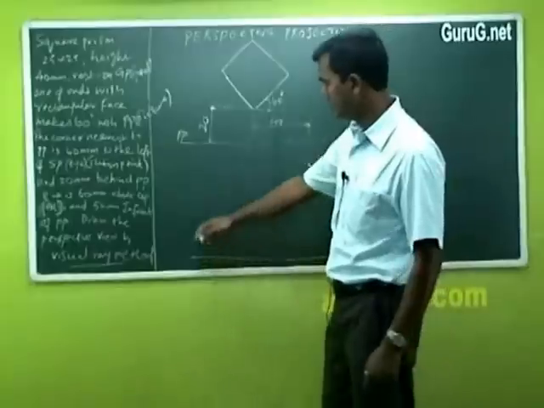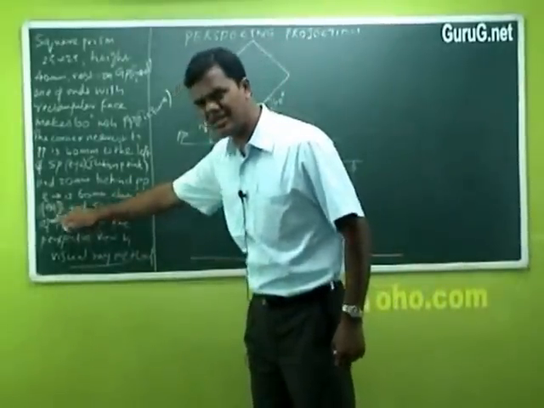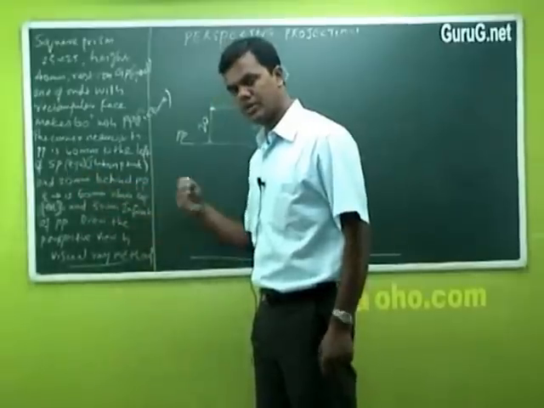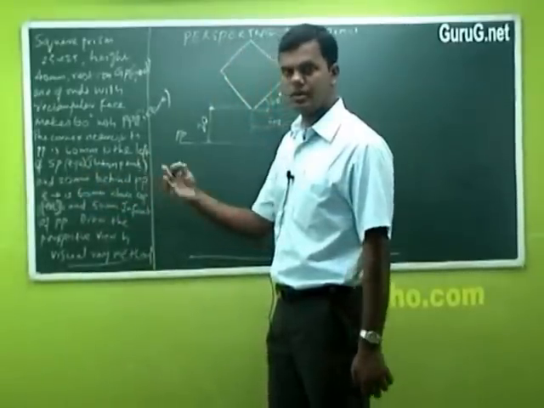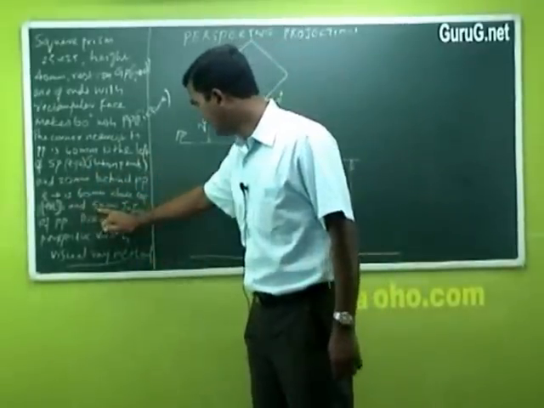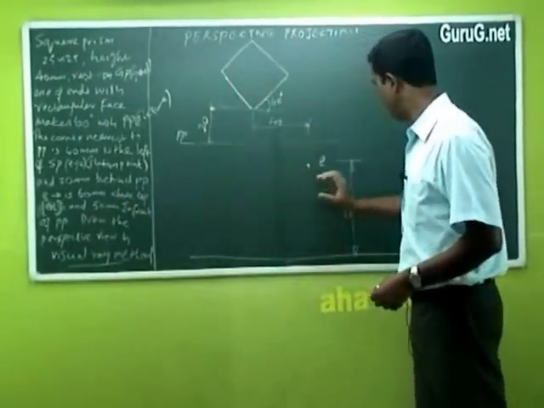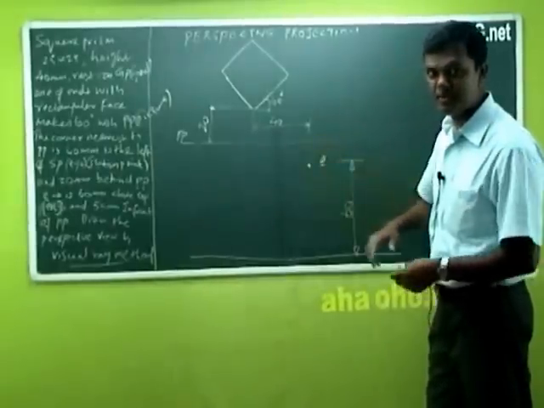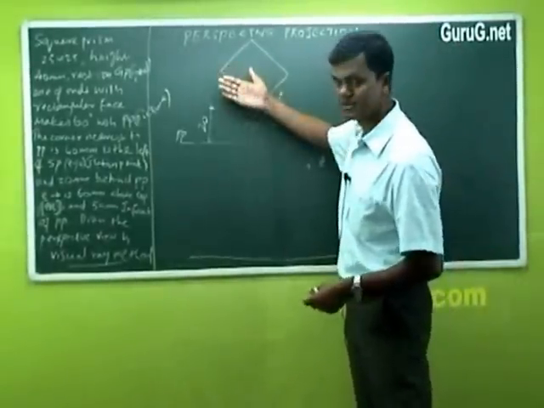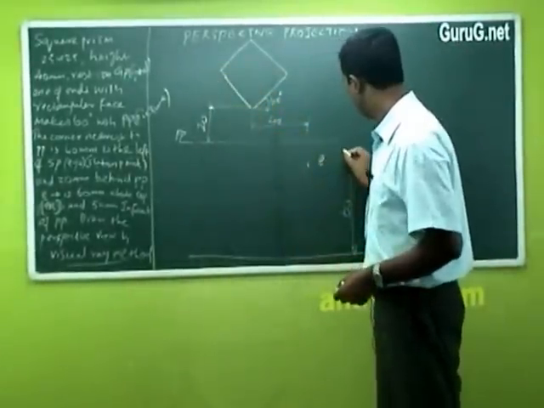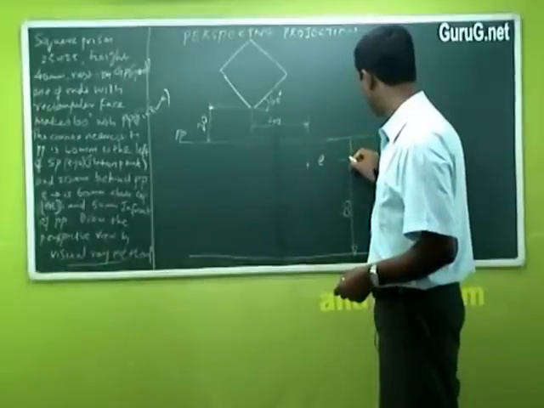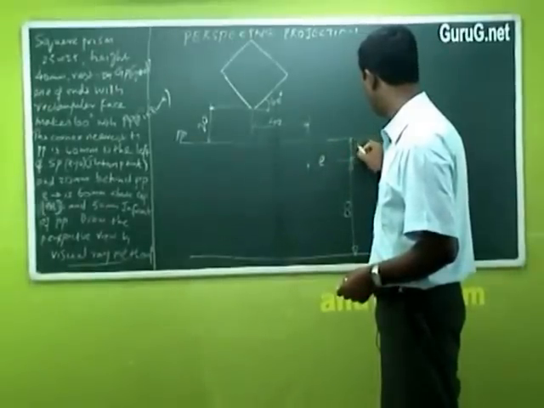Clear? The station point is above GP or GL, ground line or ground plane, whatever it is. You should understand GL is ground line, GP is ground plane, and the station point is 50 millimeter in front of PP. See, in front is this, behind is this. You can show it like this, 50 millimeter.